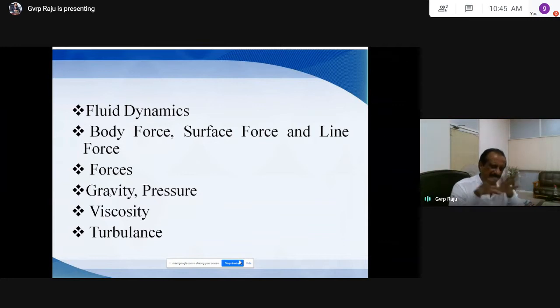So because of the formation of eddies, because of turbulence, you can also expect the force due to turbulence of the fluid.